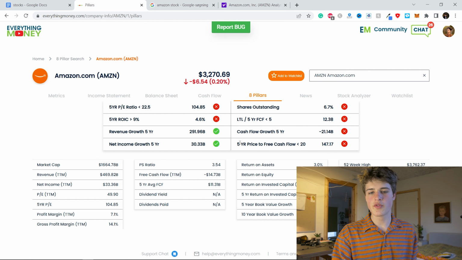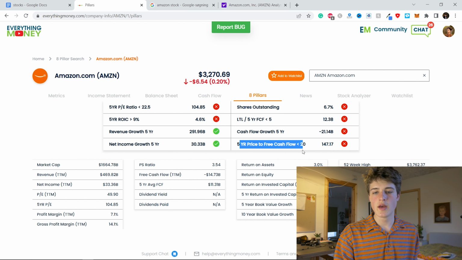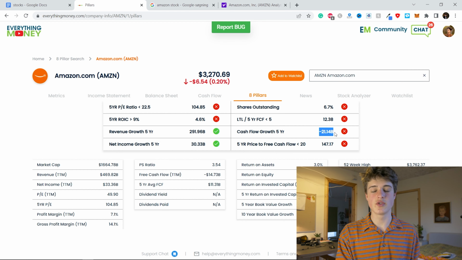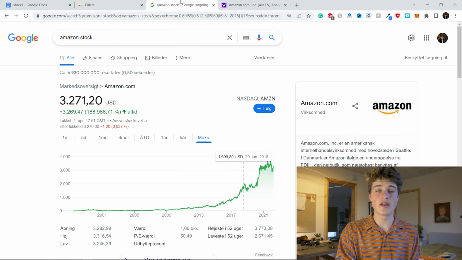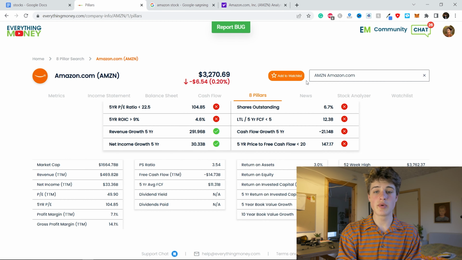And of course, the 5-year price to free cash flow is more than 20 when they're spending all of their cash flow on investing back into the business. So I would say you can't really blame them for wanting to invest into the future. That is something that they have to just do their thing with. They've been pretty good at it in the past, so, yeah, can't really blame them for that one.